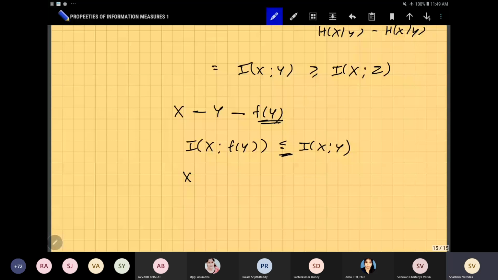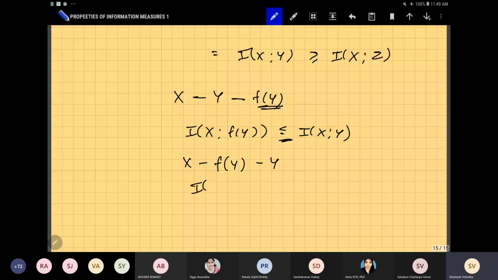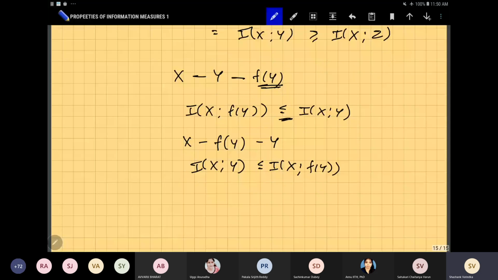If we can choose f such that x, f of y, and y form a Markov chain, then again from the data processing inequality, you have that the mutual information between x and y can only be less than or equal to the mutual information between x and f of y, which implies that the two mutual informations are essentially the same. So the mutual information between x and y is the same as the mutual information between x and f of y. So f of y basically contains all the information you need about x, correct?